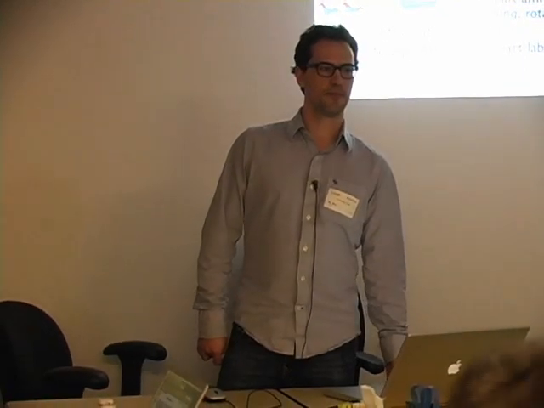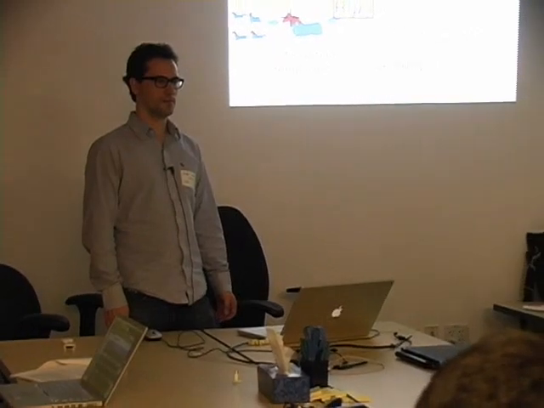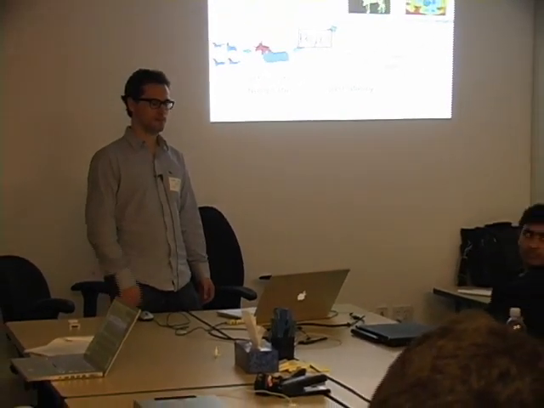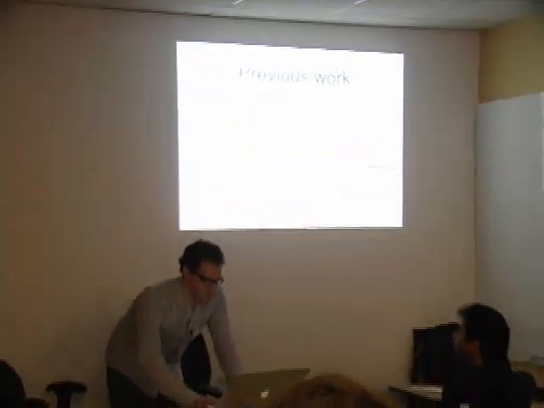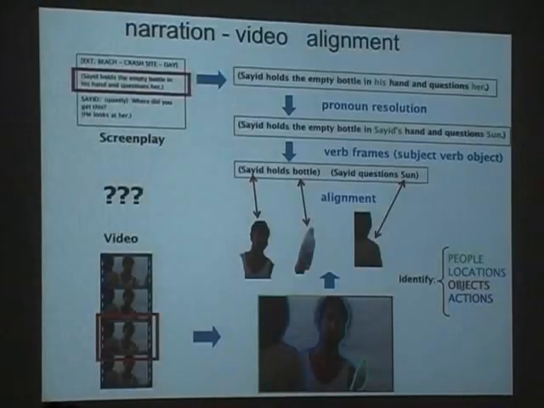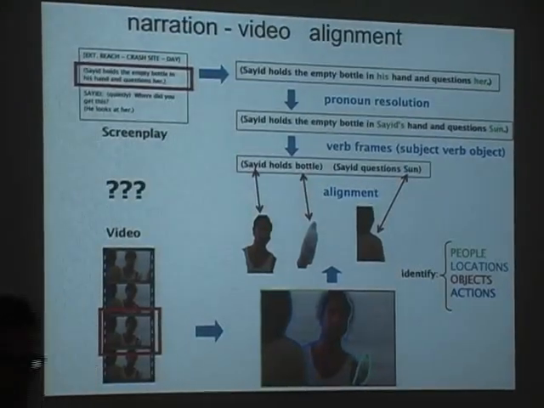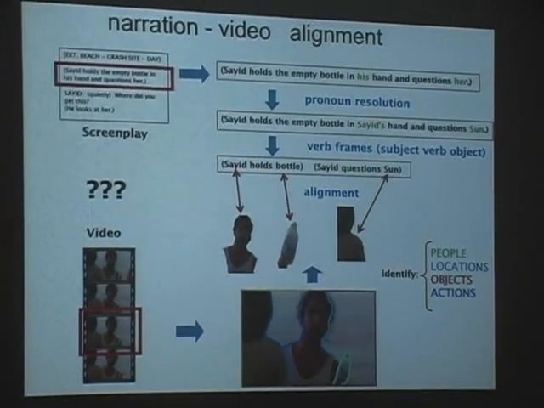If you can go back to your slide where you were doing the pronoun resolution and the word detection. Once you have all of that, what's your actual representation model? Say, where Shahid holds the bottle.